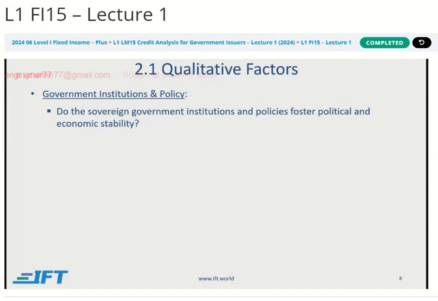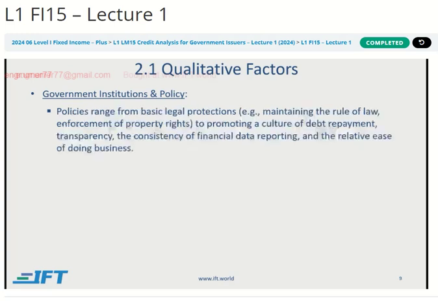So starting with the government institutions and policies, here I said what we like to see is consistency, rule of law, appreciation for human rights, right? So do sovereign government institutions and policies foster political and economic stability, which will only come with consistency in policies and an appreciation for rule of law and democracy and human rights.